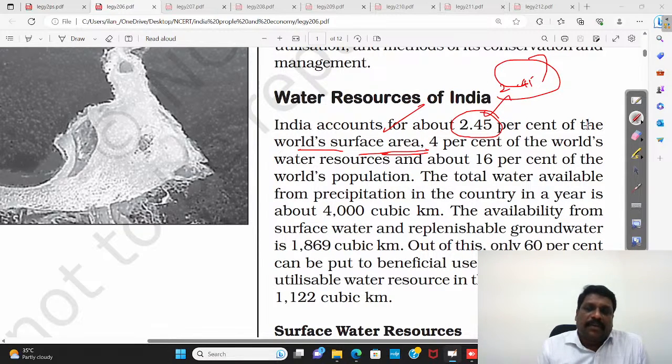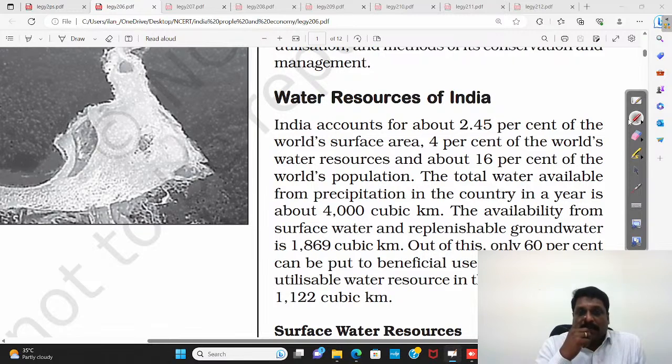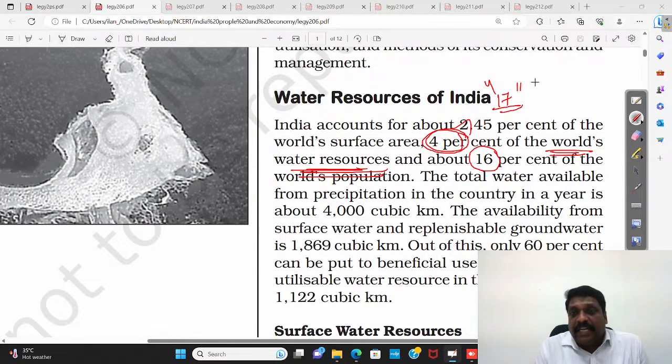But if I just talk about the fresh water availability or the water resource, India accounts only for 4% of the world's water resource. Only 4% it occupies. But if you talk about population, as of today, the population of India stands at 17%.